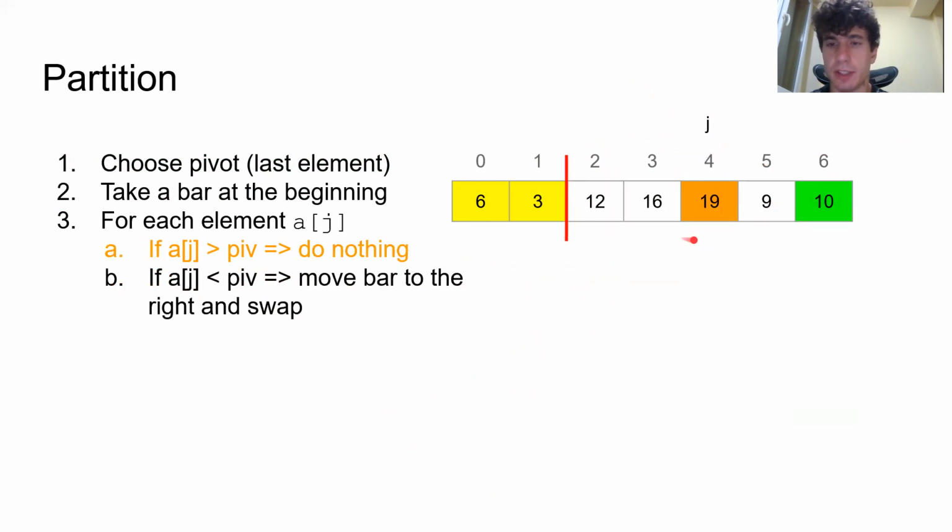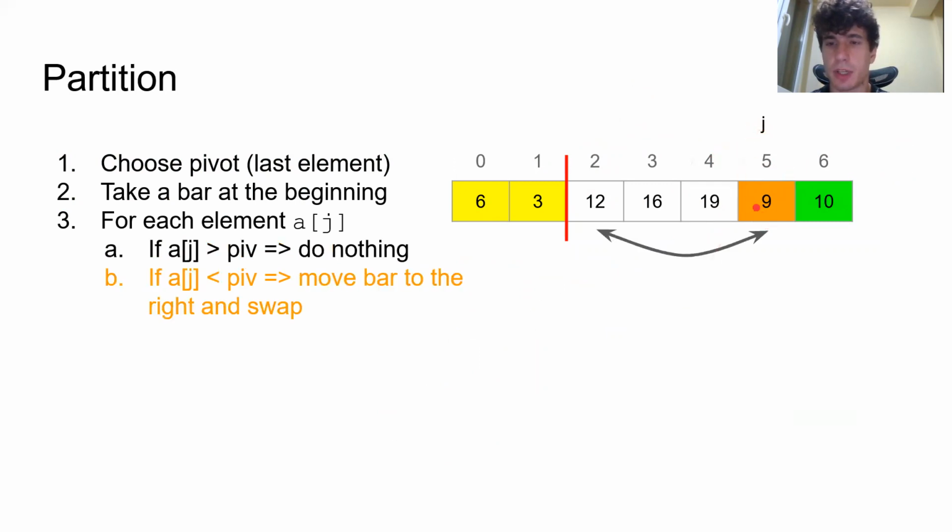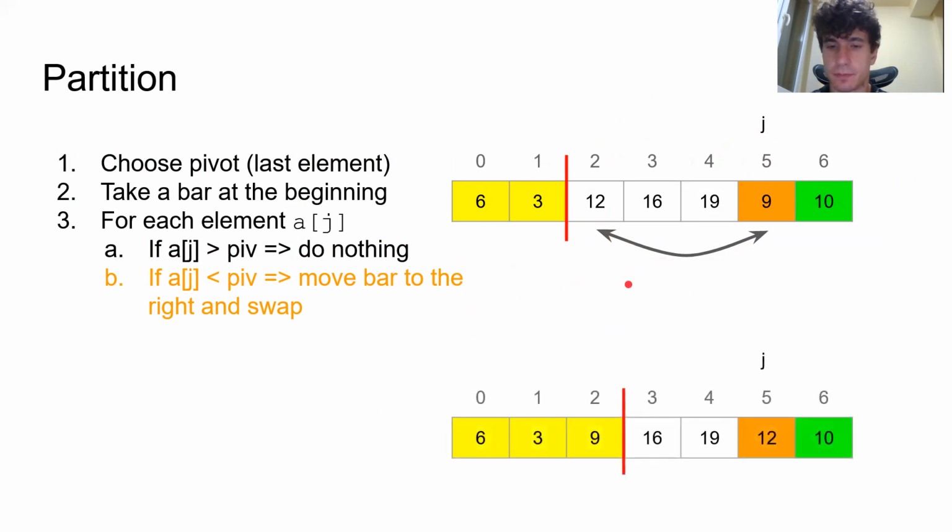And we go on to 19, which is bigger, we don't do anything. And when we get to the 9, we swap. So this is very important.